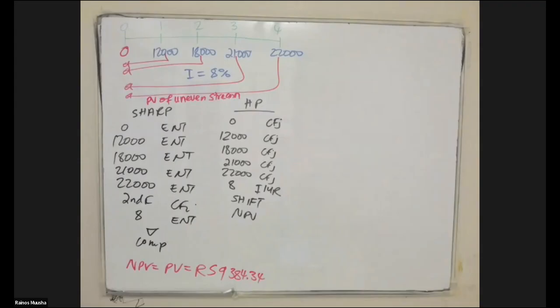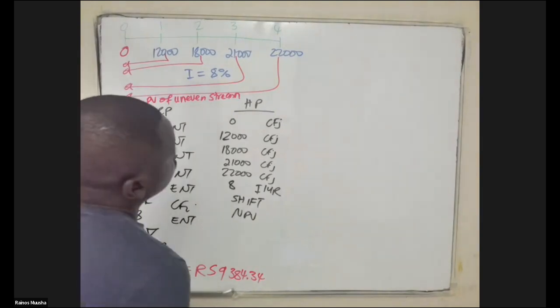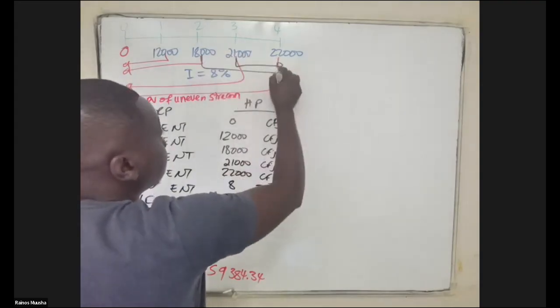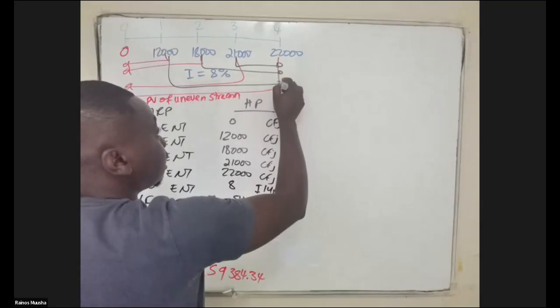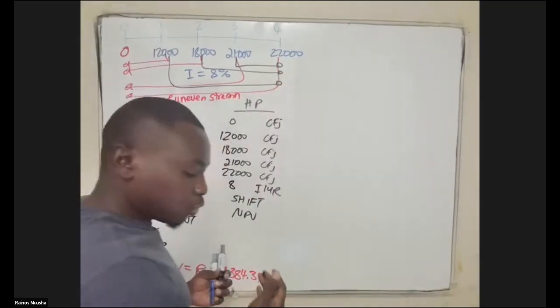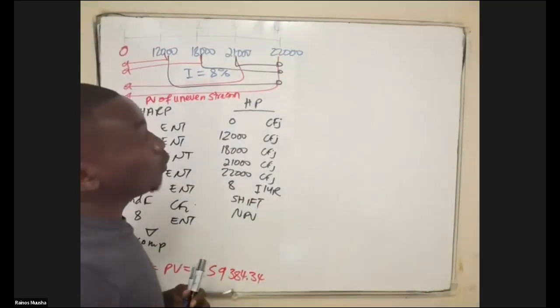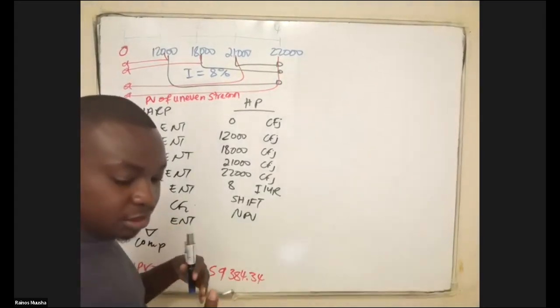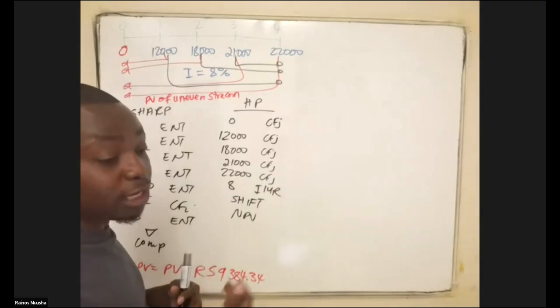They can potentially also ask you to find the future value of this uneven stream of cash flows, which means you're moving these cash flows to the future. Although it's not a common practice for honors modules, mainly because these time value of money principles we're going to be using mostly for valuations.